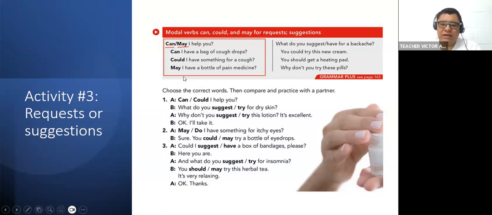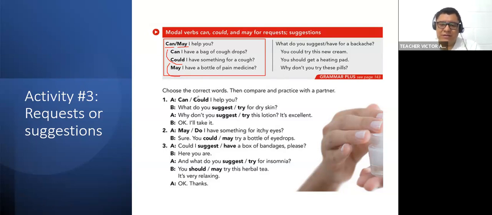If you notice here, when we use can I and could I, it's very similar. But may, in general, is more formal, okay? That's something that I want you to keep in mind. Can and could are very similar, but may is more formal.